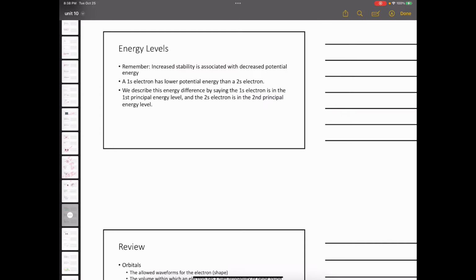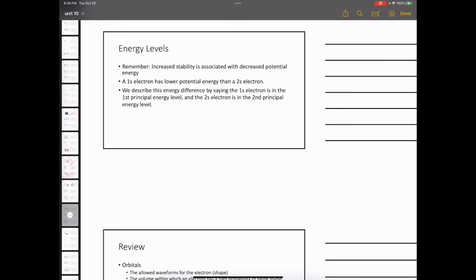For example, the 1s electron has the lowest potential energy compared to any of the other energy levels or shells around the nucleus. That's why the electrons will always prefer to go to the 1s orbital first before they go to the 2s orbital, because the 2s will have higher potential energy and be less stable.